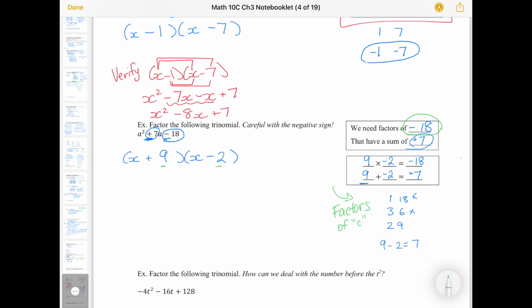So if this is negative, I'm going to have one of my numbers will be negative as well. If this is positive, that means they're both the same sign. They might both be positive or both negative, but then it will be the same. But if I don't know that, or if it is negative, then I need to be careful because one will be negative too.